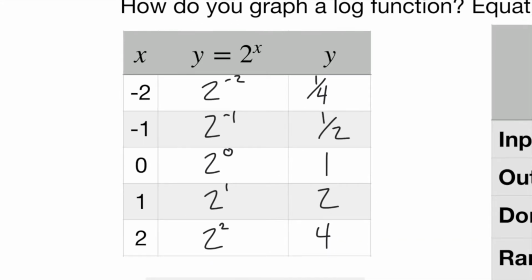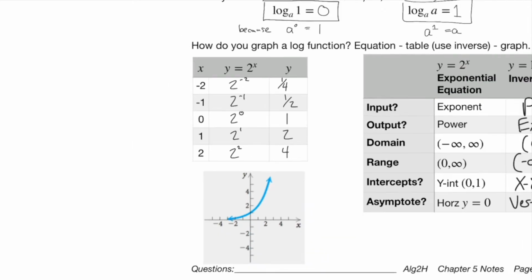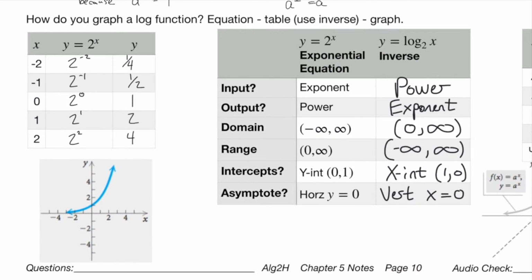Here's our standard exponential equation, y equals 2 to the x. We've seen this quite a few times, and you can see here are all the powers. But if you wanted to, you can formally say what the inverse of the exponential equation is: logs.